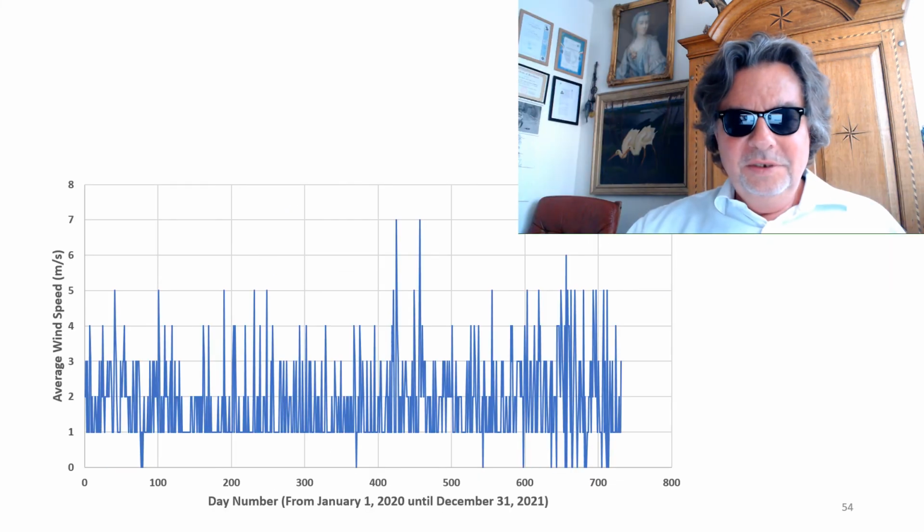The wind speed shows a very dramatic and stochastic pattern, and it's not easy to find any seasonal variation of a simple type. And here this graph represents day numbers from January 1, 2020 until December 31, 2021, so it's 2 full years.